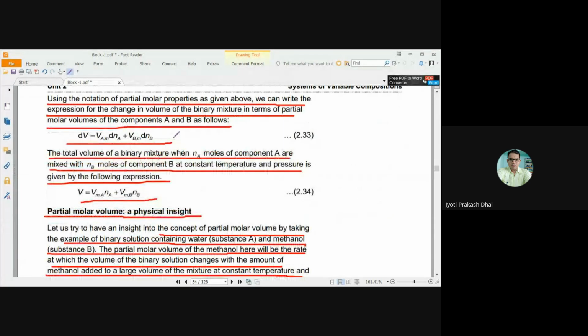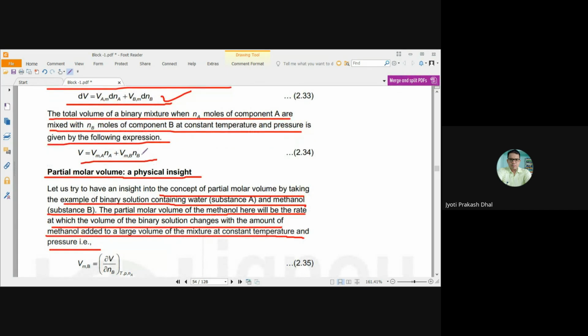So we can write dV equals V_A dn_A plus V_B dn_B, and again that can be written as V equals V_A n_A plus V_B n_B.